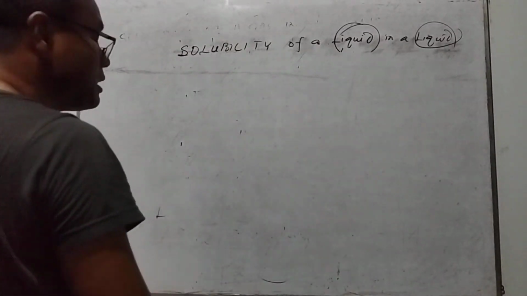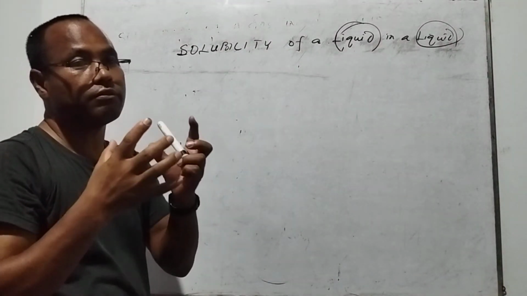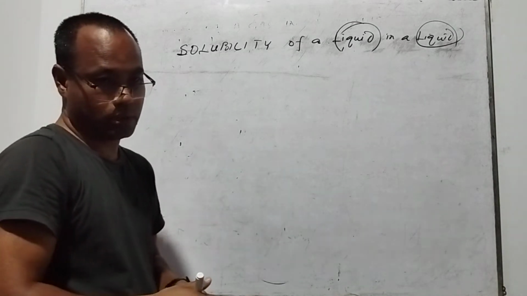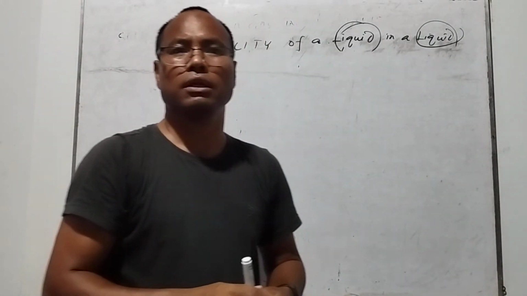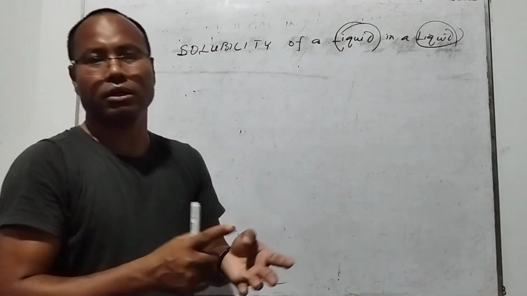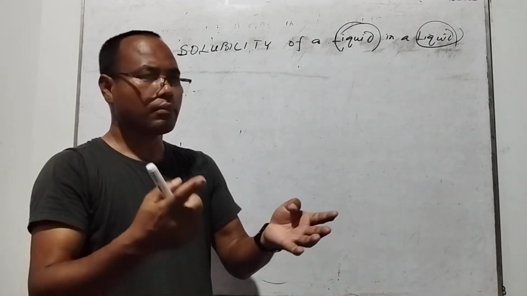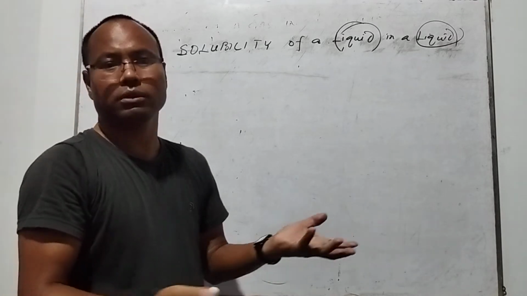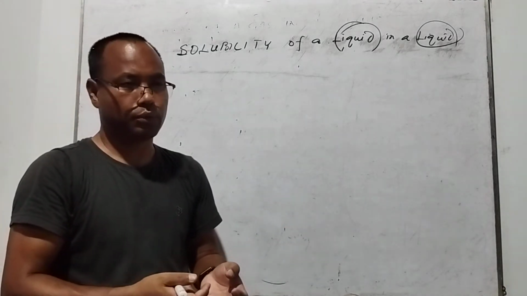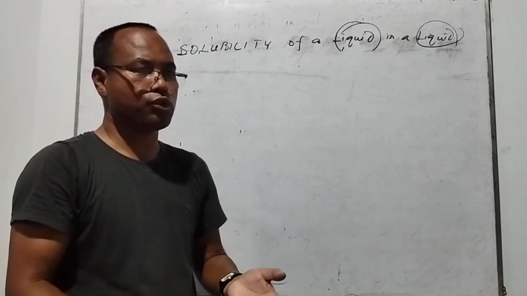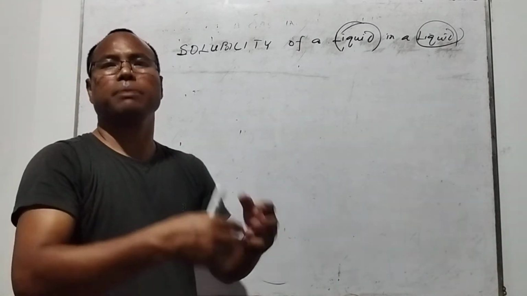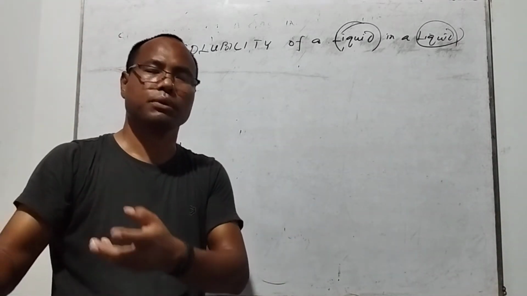In order to understand some more physical properties of the liquid, what are the other properties of the liquid? See, I just tell you, boiling point is one of the key properties of the liquid. Freezing point, evaporation, then vaporization, those are properties.